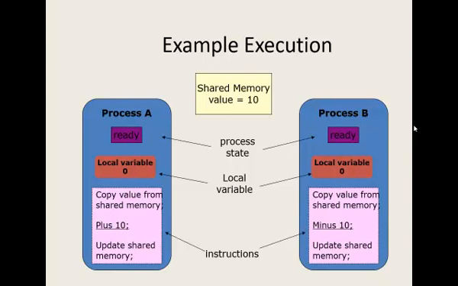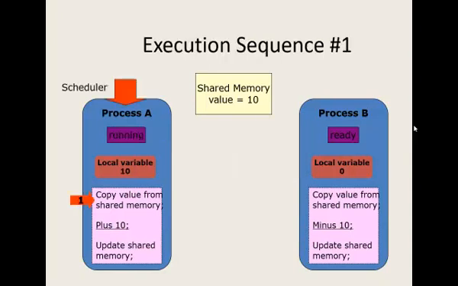In this example, we will run process A and then process B. So the sequence of execution would be running process A and running process B. We'll see how this execution happens.